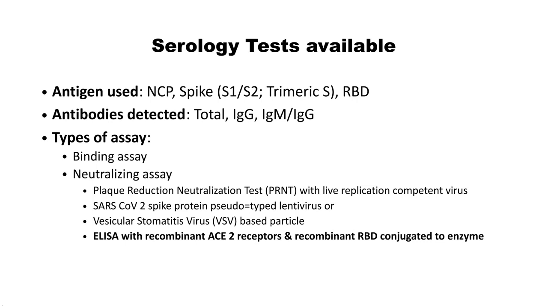The spike protein could be S1, S2, or trimeric, or we could have RBD, the receptor binding domain. Then we could look at total antibodies or IgG or a mixture of IgG and IgM. And then we could have types of assays, which could be binding antibodies and neutralizing antibodies.